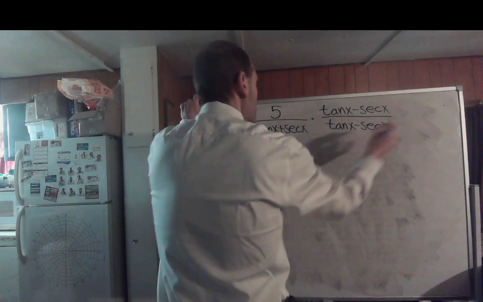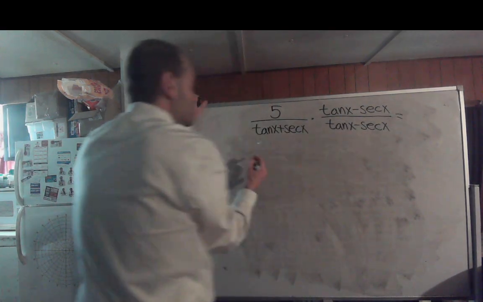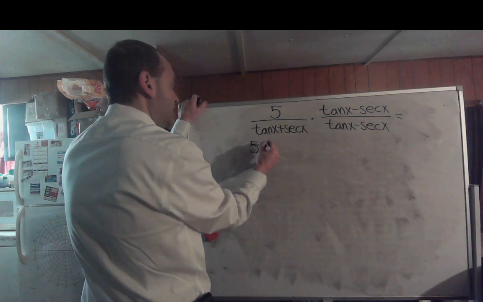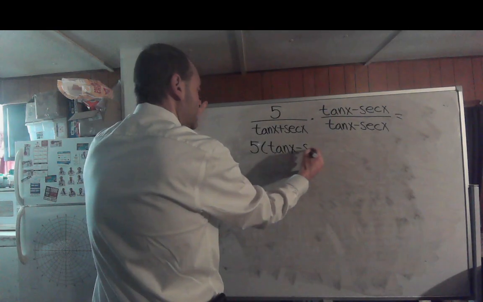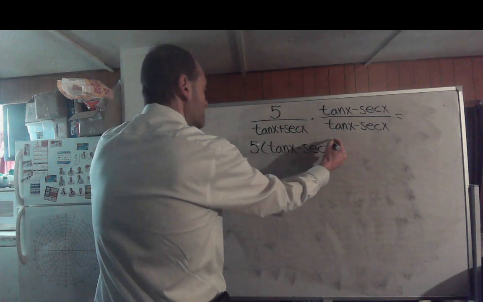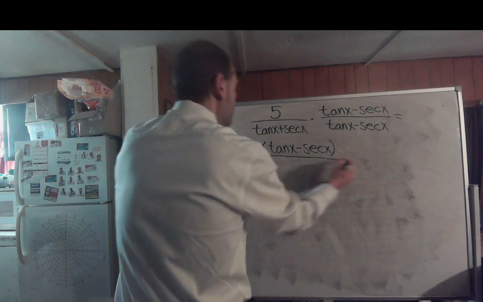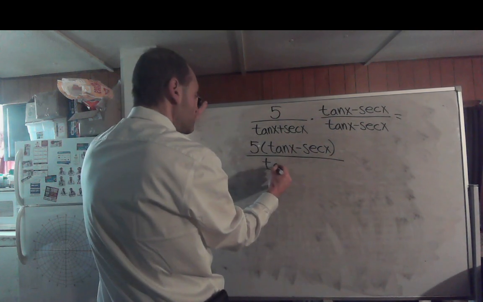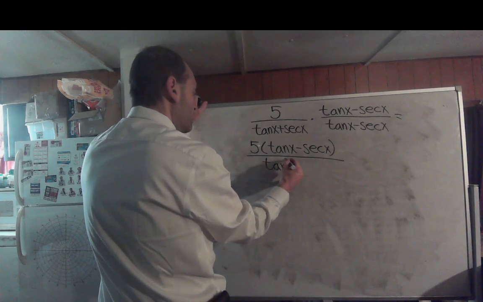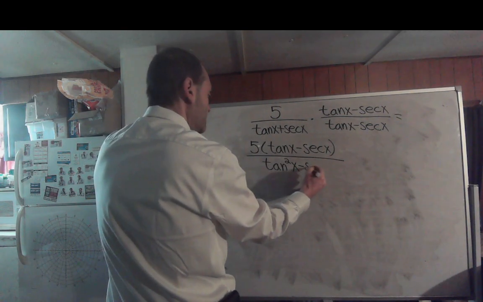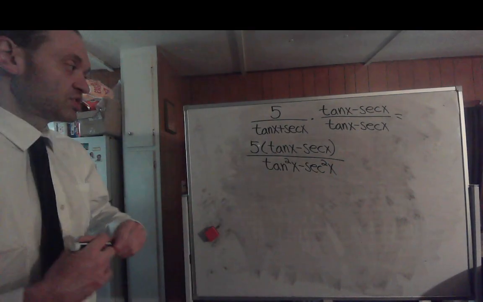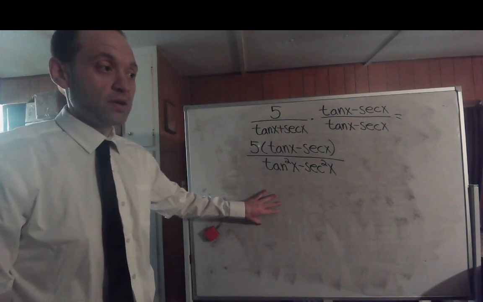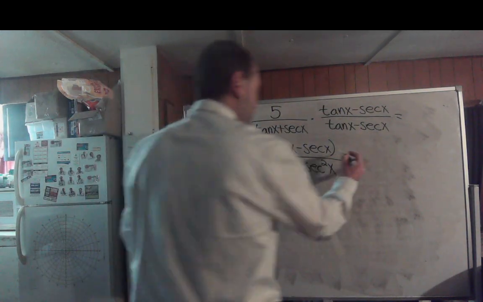Alright. So this would turn into 5 times the quantity of the tangent of x minus the secant of x all over the tangent squared of x minus the secant squared of x. Well, what's tangent squared minus secant squared? That would end up being -1, right?